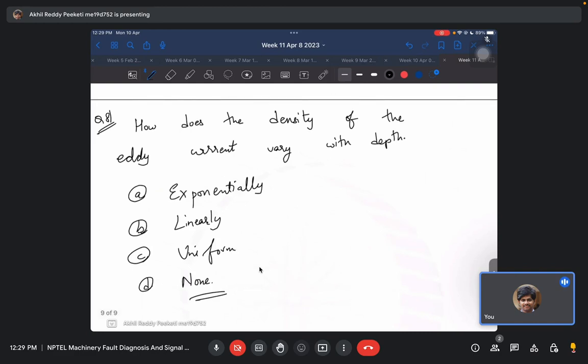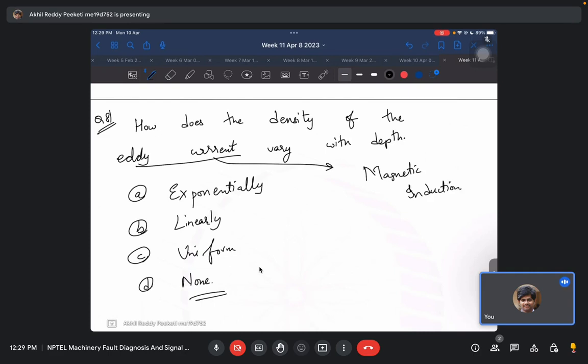When you have a sample in a changing magnetic field, it generates eddy currents. How does the density of these eddy currents change with the depth of the sample? Eddy currents work on the principle of magnetic induction.